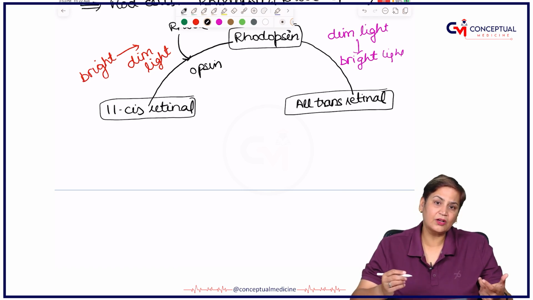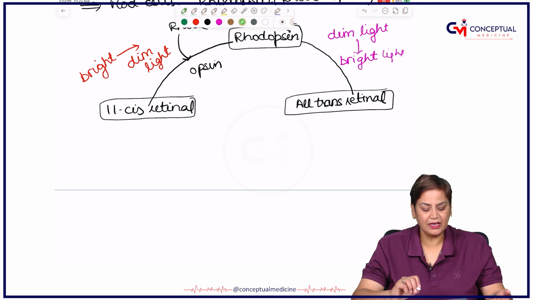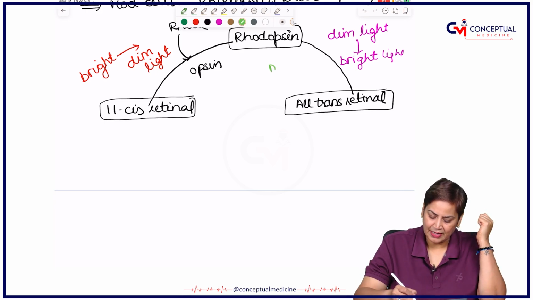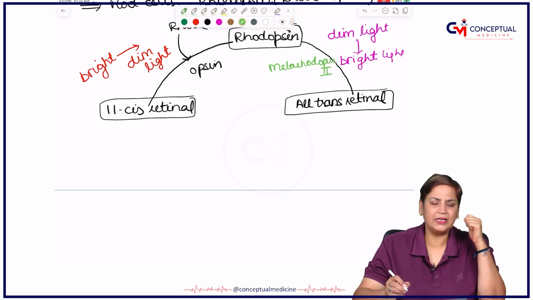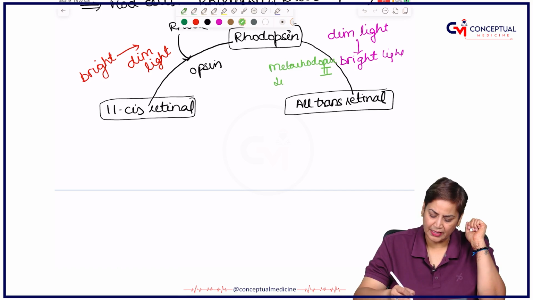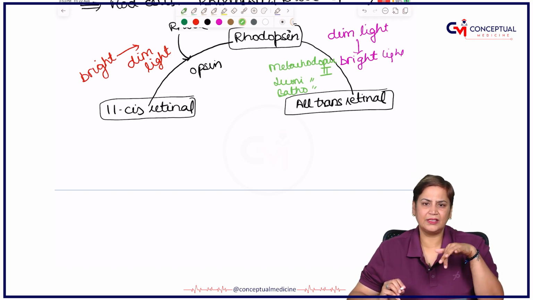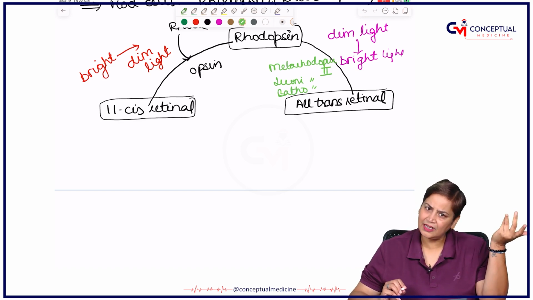And here different pigments are there. If you have witnessed sometimes, green light, yellow light, all lights will flash on the eye. So it will be like meta-rhodopsin, and so many others are there. All will convert this rhodopsin into all-trans retinal. Now the function of 11-cis retinal is complete.